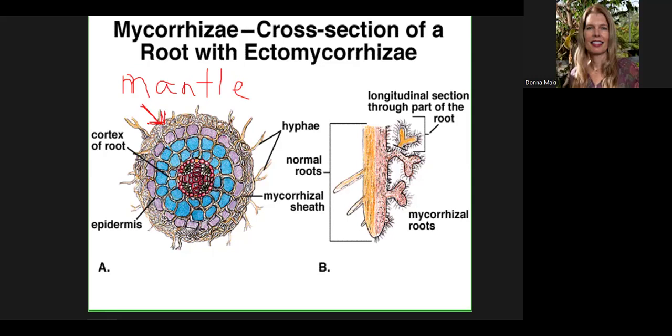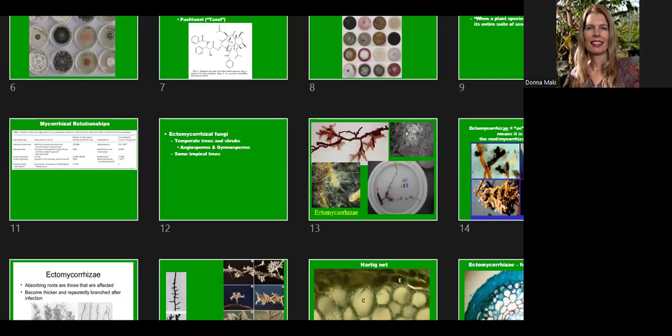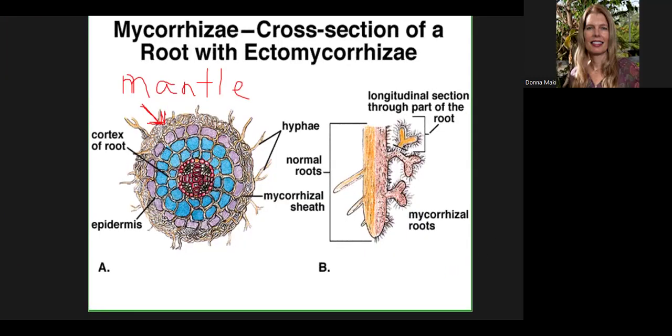They think that the plant does that just to increase the surface area so that the fungus can colonize better and have better exchange of nutrients. So that's a dead giveaway. If you ever see roots and the smaller roots are in that Y shape, you know that there are mycorrhizal fungi that have interacted with that root and probably are colonizing that root. So that's another thing that you look for. And I have some pictures in a minute that show that a little bit better.